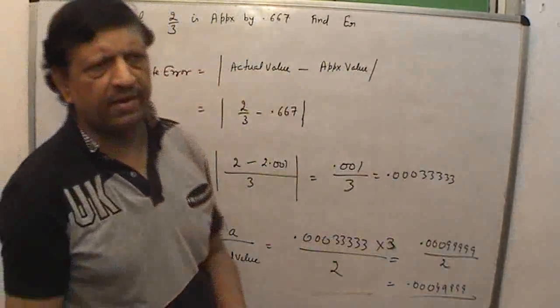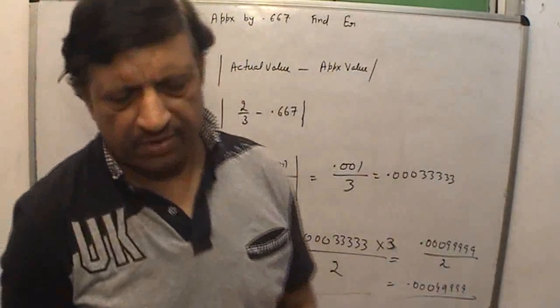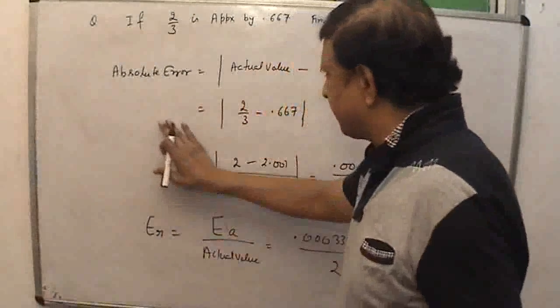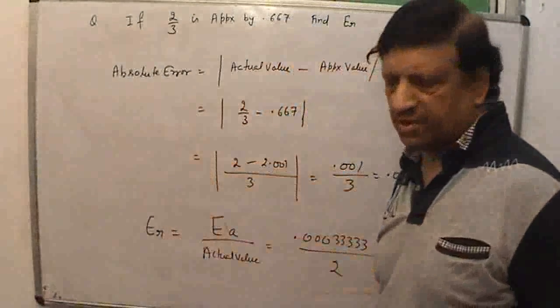That is the relative error. If we want to find the percentage error, we can multiply it by 100. In this way, we find the errors in the number system.